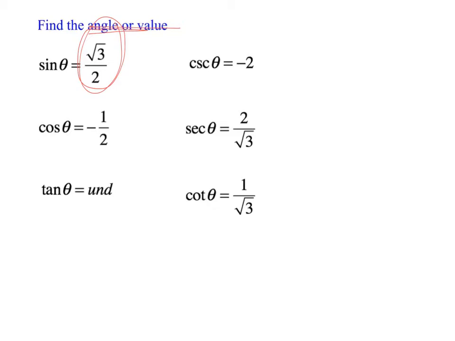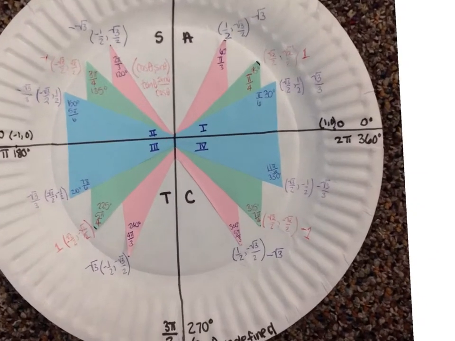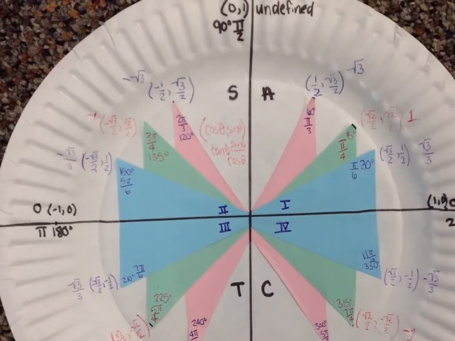So sine of theta, sine of some angle, is square root of 3 over 2, is really saying at what radian or what degree is the y value square root of 3 over 2. So I'll go to my unit circle, and I will look for all the places that the y value is square root of 3 over 2. And there will be multiple places. So y is square root of 3 over 2 right here, but it's also square root of 3 over 2 right here.